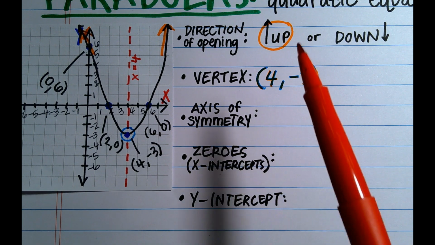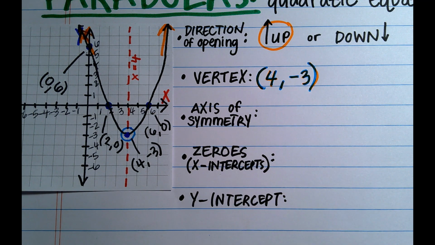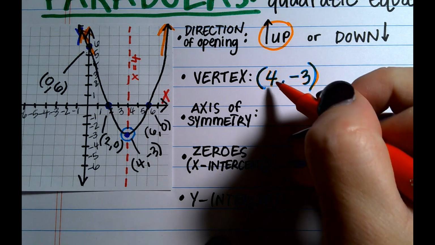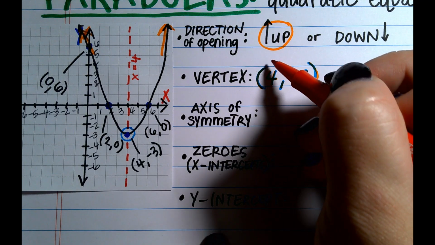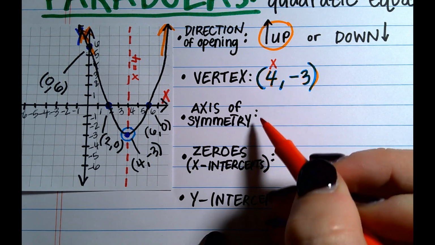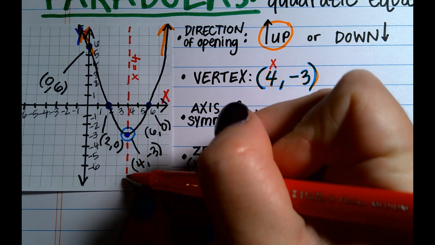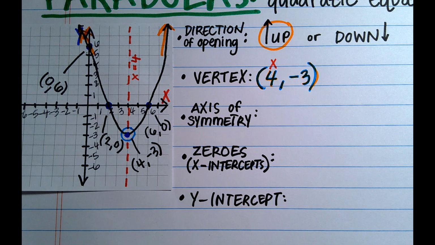Now, the axis of symmetry. Once you know your vertex, this is a trick. It's going to be the same x value as the vertex. Notice, this is your axis of symmetry. Do you know what symmetry means? Have you heard that word? Symmetrical? You say, let me find something symmetrical. Like a square.